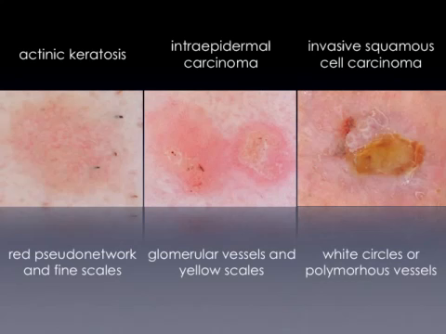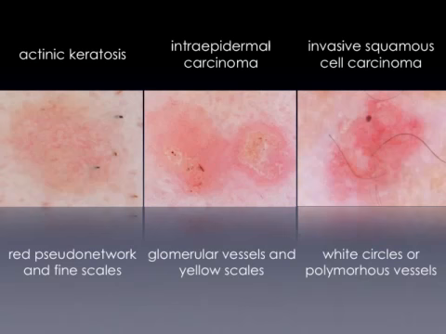Invasive, well-differentiated squamous cell carcinoma very often shows white circles and masses of keratin, whereas poorly differentiated squamous cell carcinoma usually shows just polymorphous vessels and an endophytic growth.